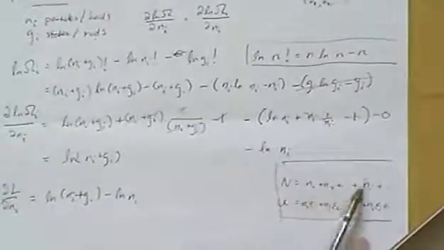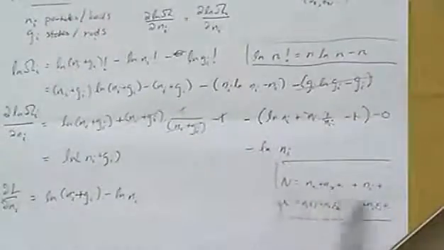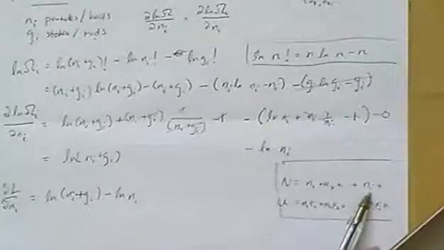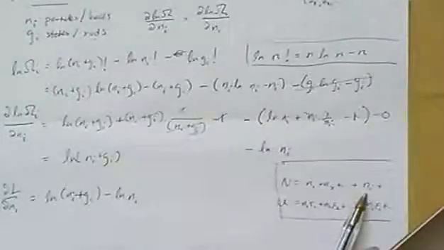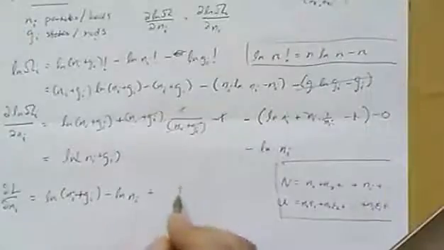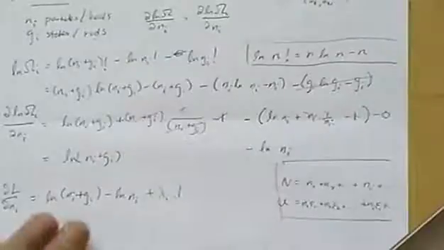Now then, when I differentiate n, now this is n here. If I differentiate by ni, all these will be 0 except that one, which will differentiate to 1. So I have plus 1 times the Lagrange multiplier.